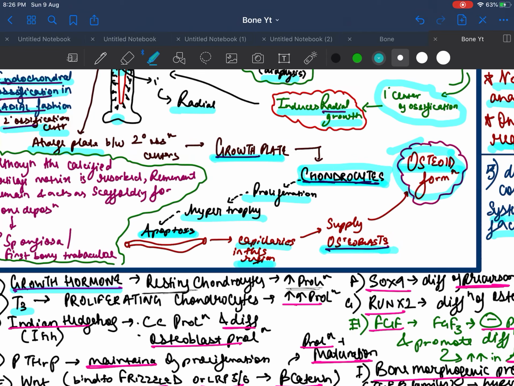So T3 is very important and it acts on the proliferating chondrocytes, and it will also increase proliferation. Growth hormone acts on the resting chondrocytes and T3 acts on the proliferating chondrocytes.